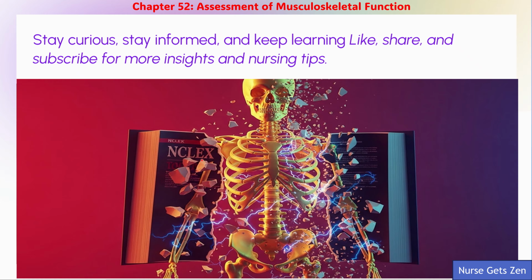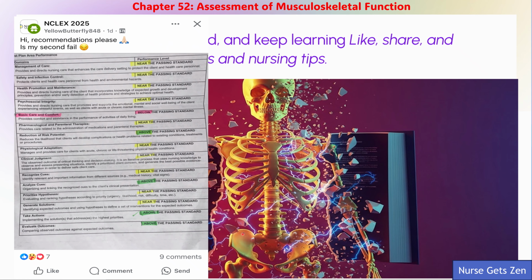So we are in the NCLEX part 3 section. The NCLEX is broken into what I call 15 domains, and these specific areas are not just about knowing your content, it's about knowing how to apply it in different situations. In this chapter we talk about musculoskeletal function.